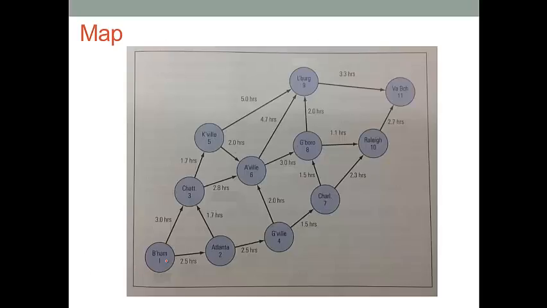Let's start with Birmingham. I have two possible paths, either going to Atlanta or going to Chattanooga. But think about this. No matter which path I choose from Birmingham, either Birmingham to Atlanta or Birmingham to Chattanooga, the total value of x sub 12 and x sub 13 should be 1.